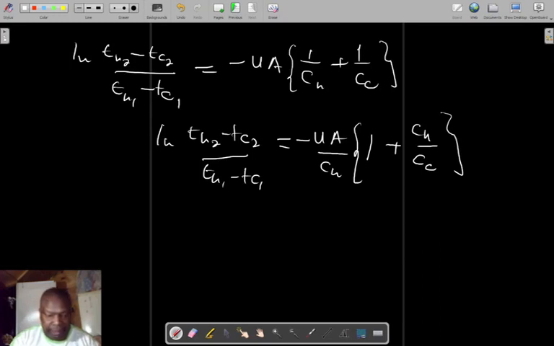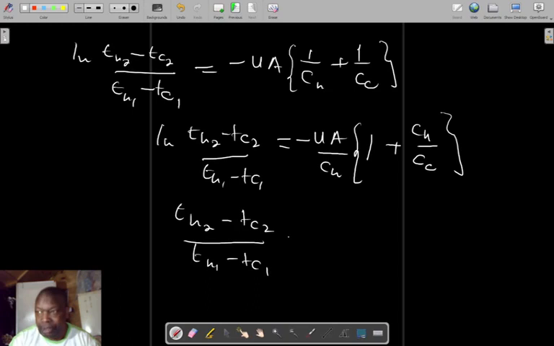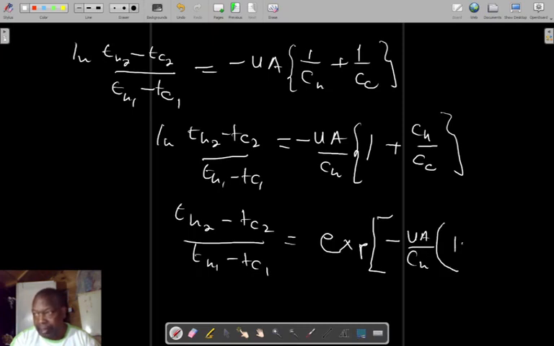Now this is the same as saying (TH2 - TC2)/(TH1 - TC1) equals E, that is the exponential, of -UA/CH into bracket 1 + CH/CC.